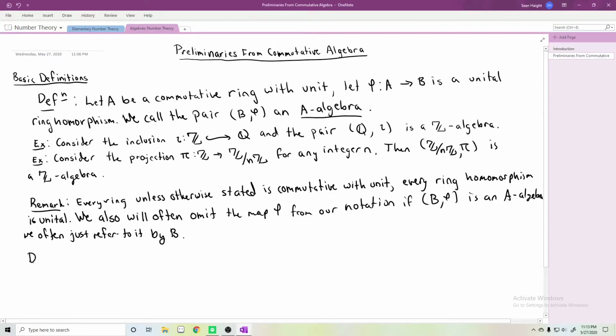So some important definitions when it comes to algebras over rings. Let A and B be rings, and A a subset of B a unital subring.